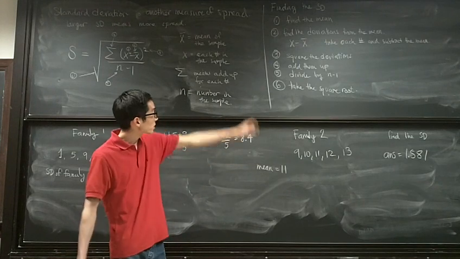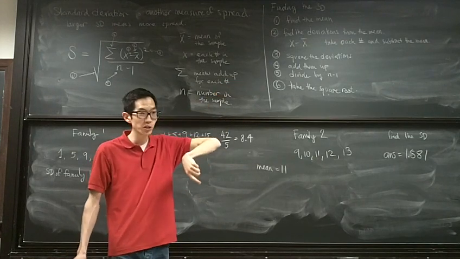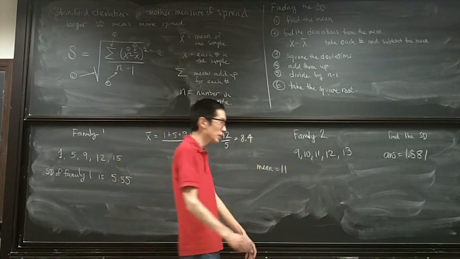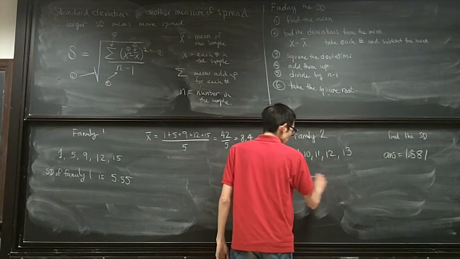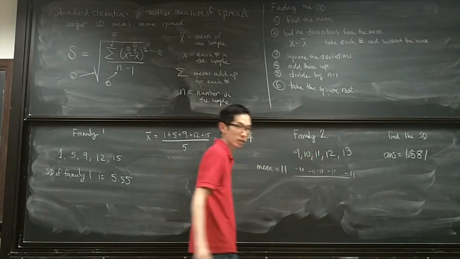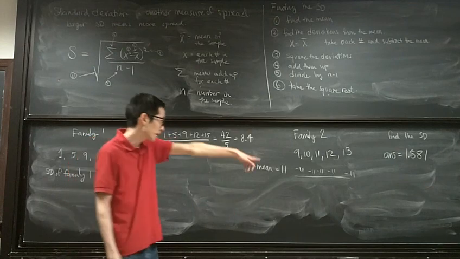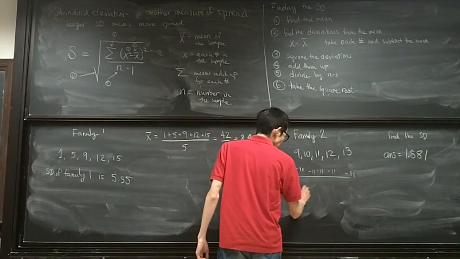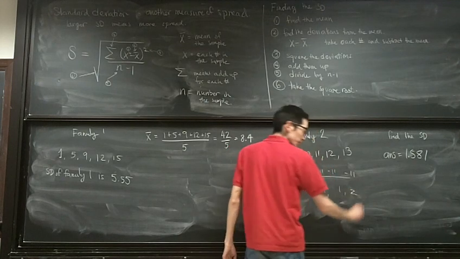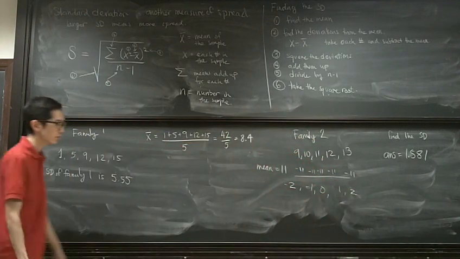9. Okay, so step 2, I find the deviations from the mean. So I do 9 minus 11, 10 minus 11, 11 minus 11, so I subtract 11 from all of these numbers. And what do I get? I get negative 2, negative 1, 0, 1, and 2. So far so good?